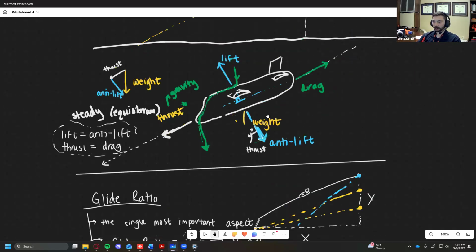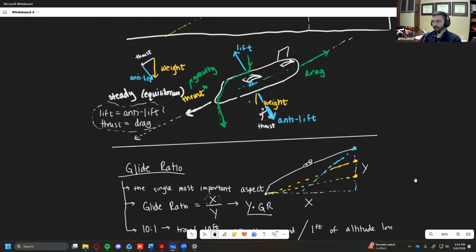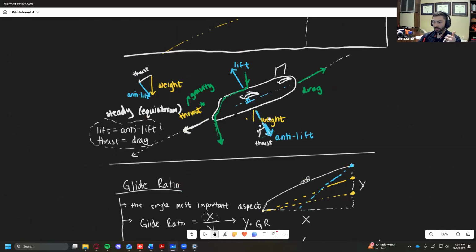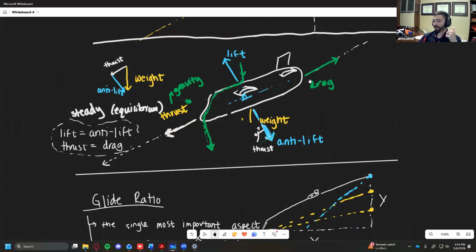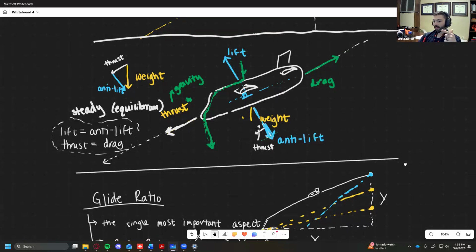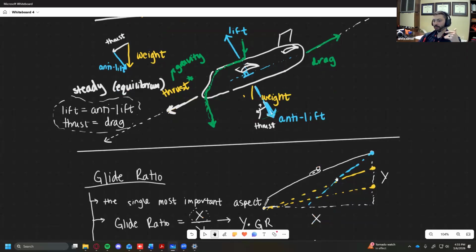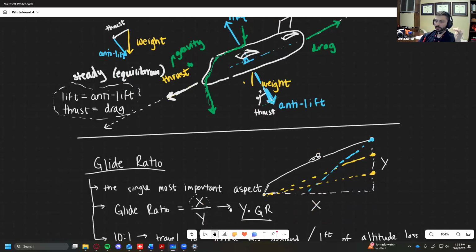You would think a lighter glider would just go further, but that's not necessarily true because it might just go faster, which provides more lift. If you have a heavier glider, it's just going to fly faster. If you have a lighter glider, it's just going to fly slower. It does not mean that a 50-gram heavier glider automatically has a worse glide ratio. It just means you're going to get from point A to point B faster.